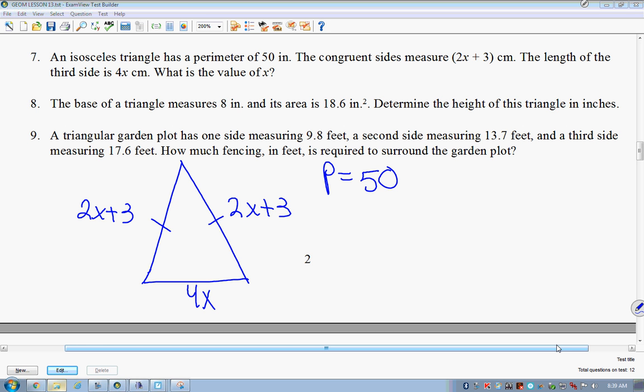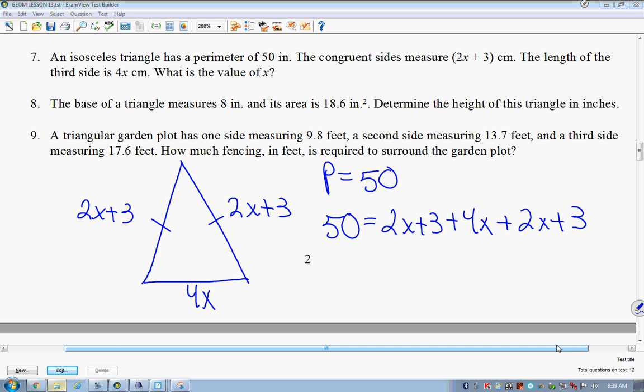So if I know the bottom is 4x, I know the left is 2x plus 3, the right side is 2x plus 3, and the whole thing adds up to 50. What kind of formula could I write? Don't make this harder. Go ahead. 50, you said 50 equals? Okay. Very good. All right, just add up the 3 sides, set them equal to the whole, right?